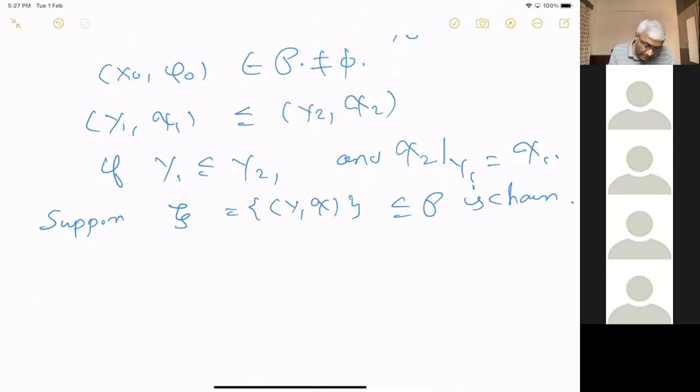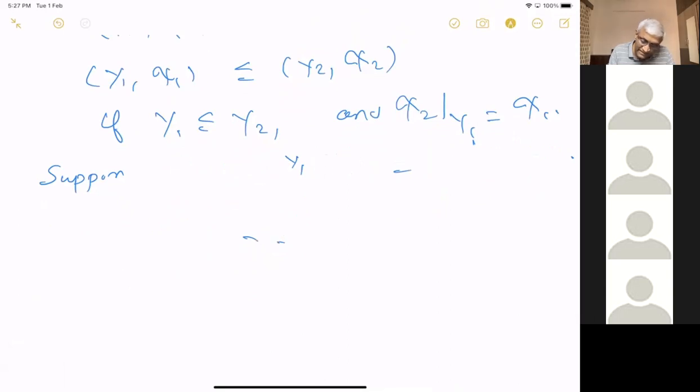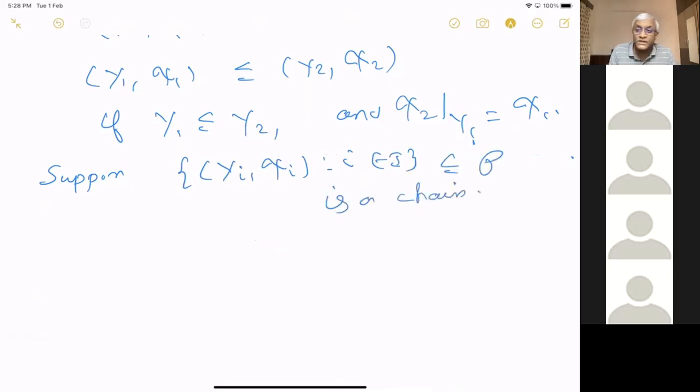Then you can take some bigger y equal to the union of all those y_i. Suppose this (y_i, chi_i) is a chain, a totally ordered set.